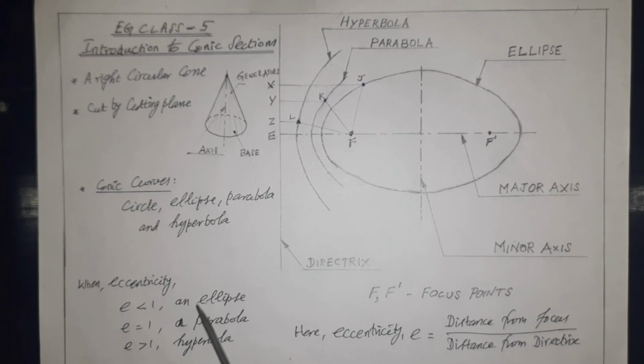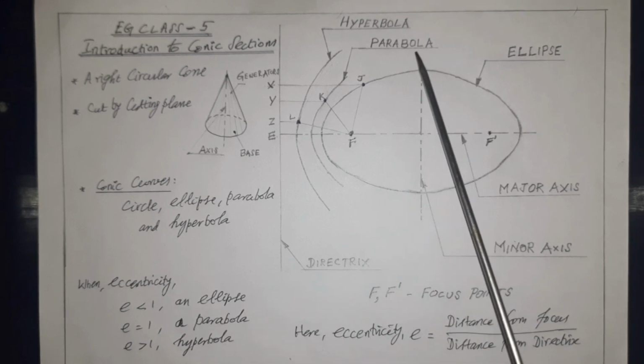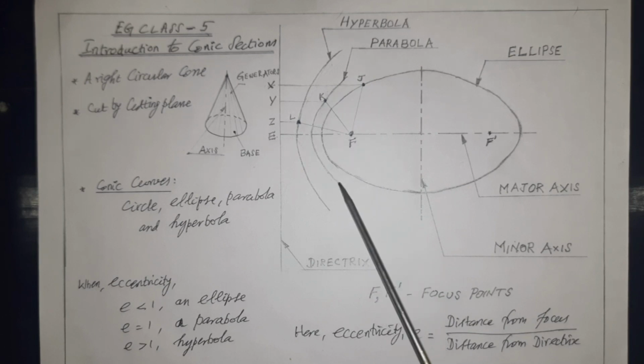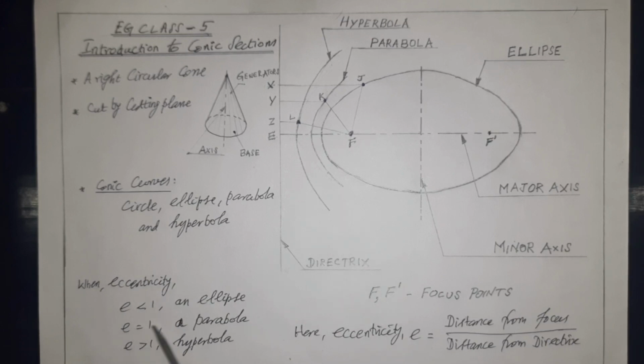Likewise, we have to see for all. Then next, see the parabola. Second one, this curve is the parabola curve. In this case, E is equal to 1. When E is equal to 1, then it is a parabola.